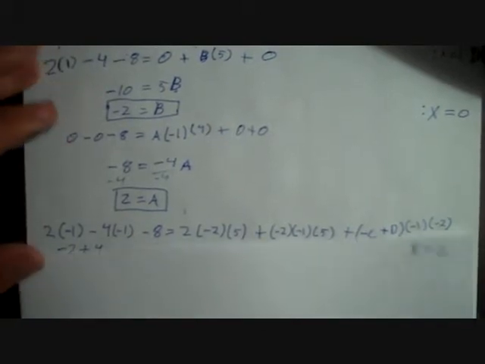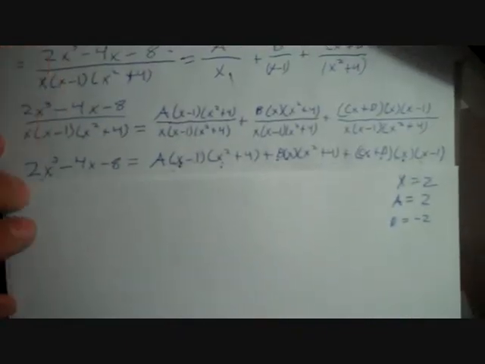Okay? So if x equals 2, a equals 2, and b equals -2, which we've found here, and we stated that x equals 2. Let's all plug them into our original equation here.